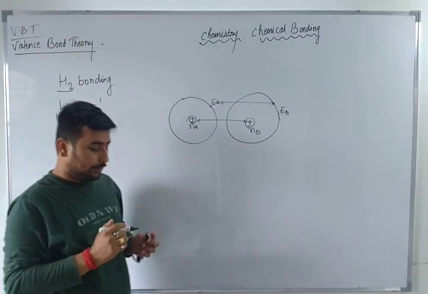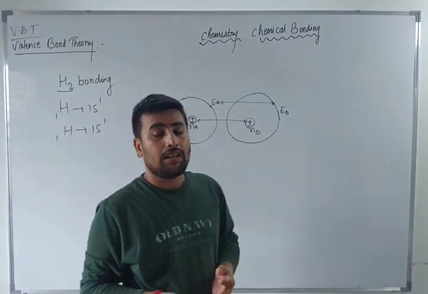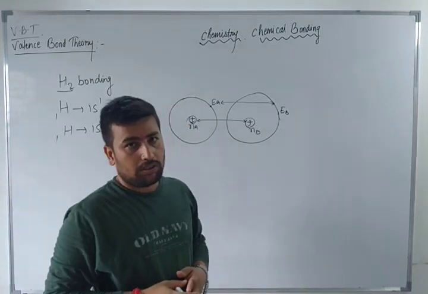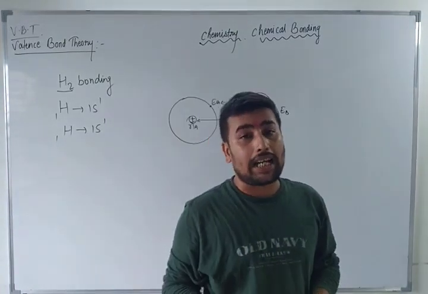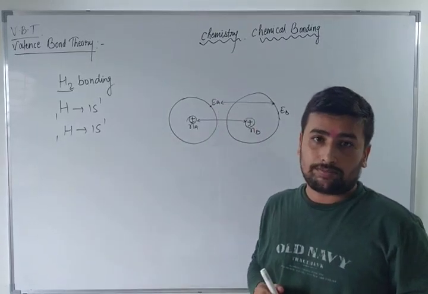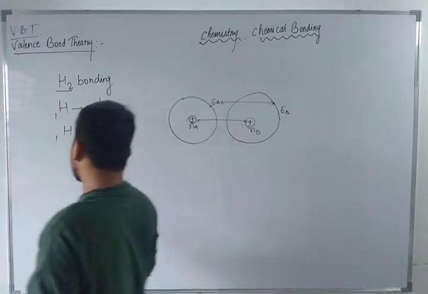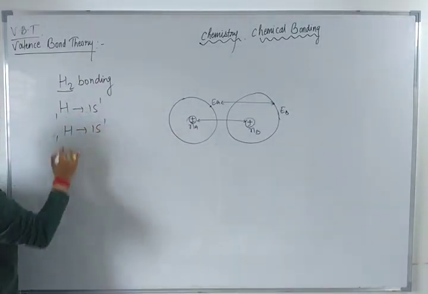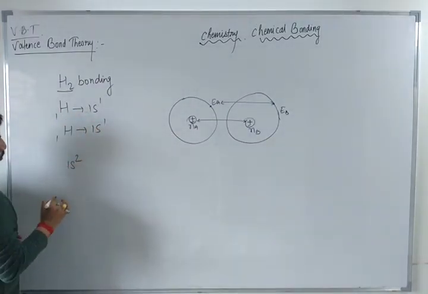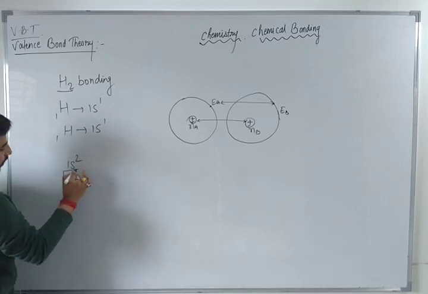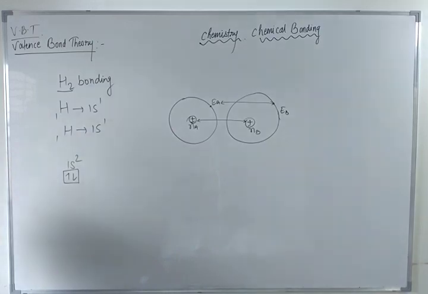Now what will happen? If they both repel each other, how is bonding formed? How are both electrons accommodated in the same orbital? Both electrons will mix and form a 1s2 configuration. 1s2 configuration means in one box the two electrons are accommodated, right?